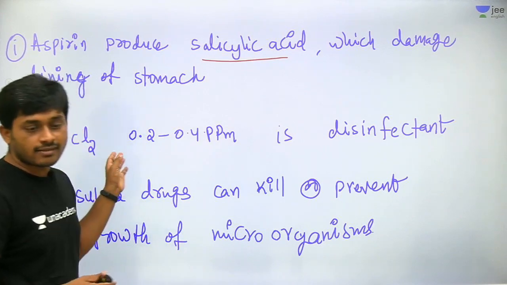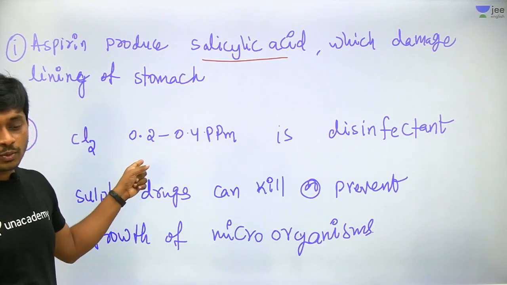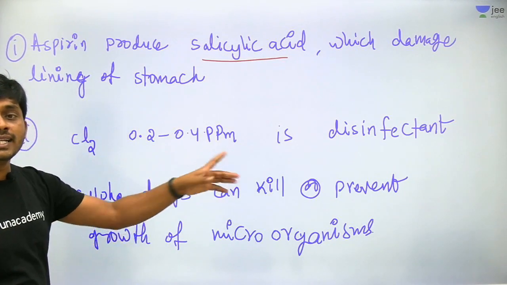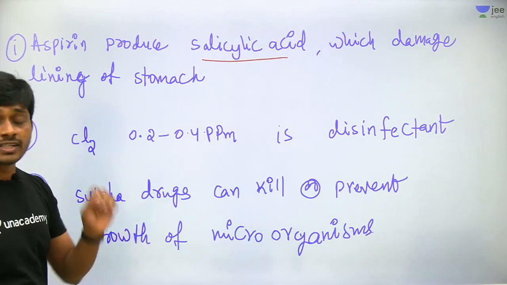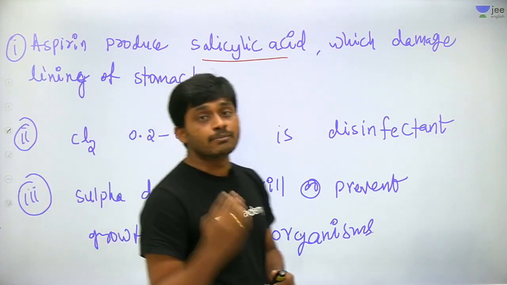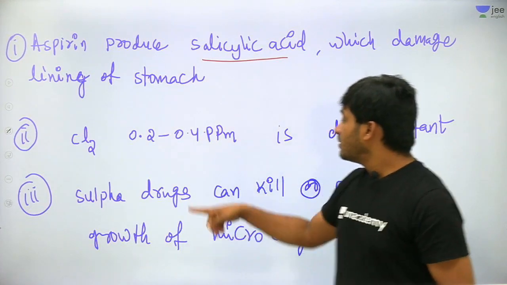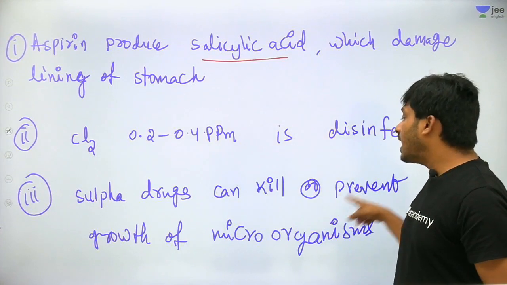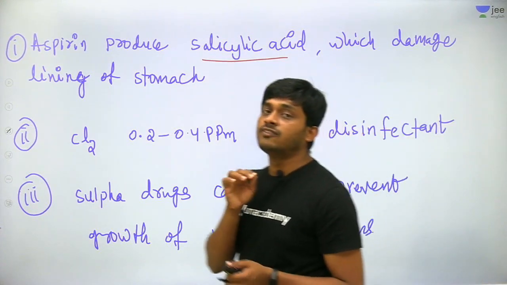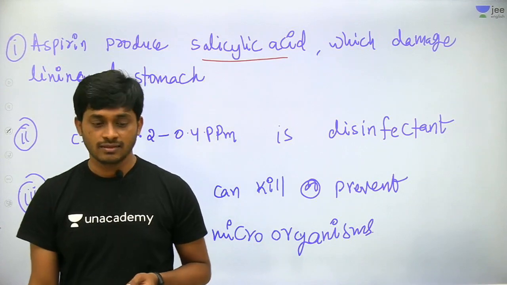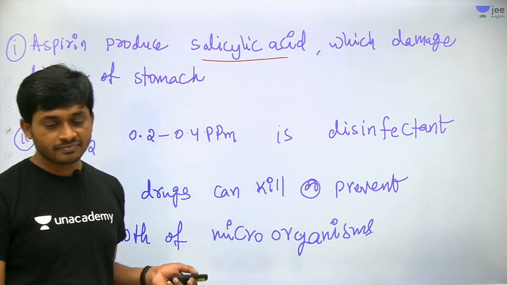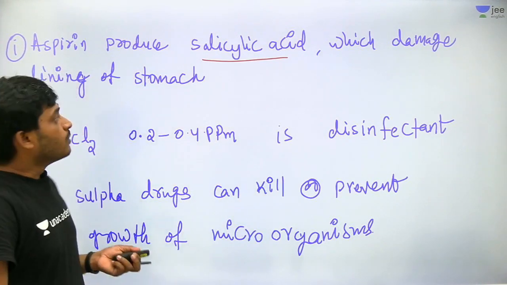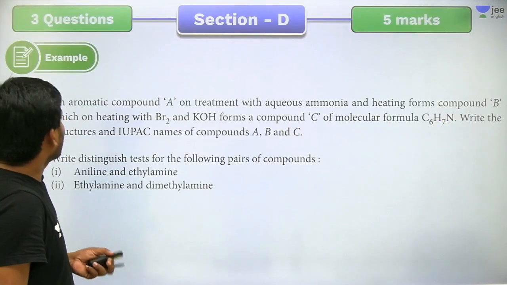See the concentration, 0.2 to 0.4 ppm. It is a disinfectant, so it kills germs. Sulfur drugs can kill or prevent growth of microorganisms. So these are the reasons. Okay, we will move on to the next question.